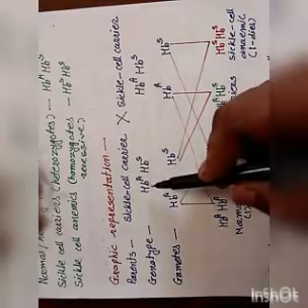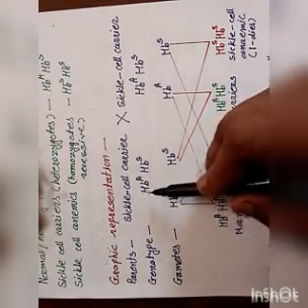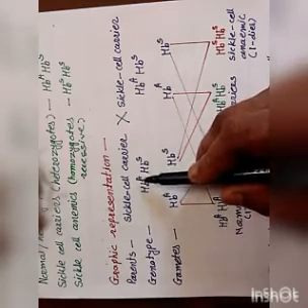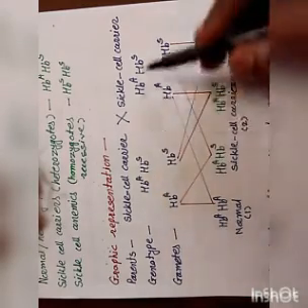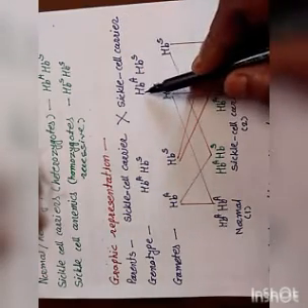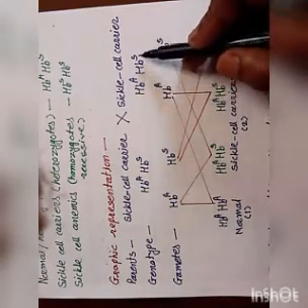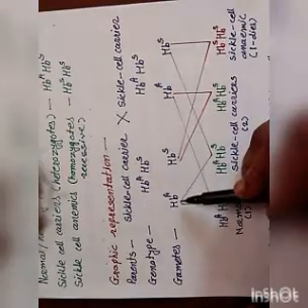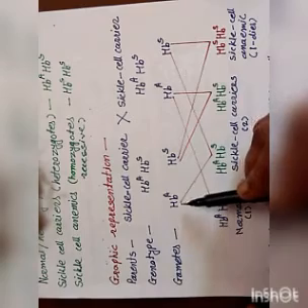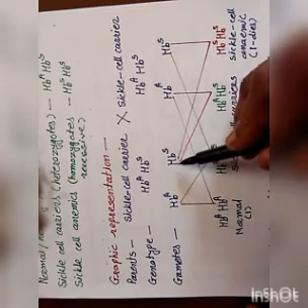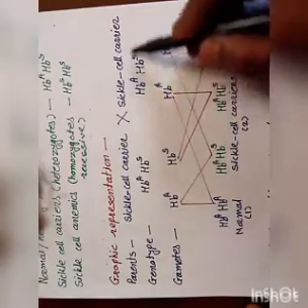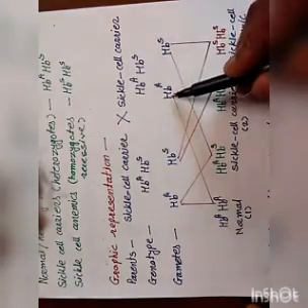How? See here, the genotype of the sickle cell carrier parent is HBA HBS. Here also the genotype of this sickle cell carrier parent is HBA HBS. The gametes of this parent are HBA and HBS, and the gametes of this parent are HBA and HBS.